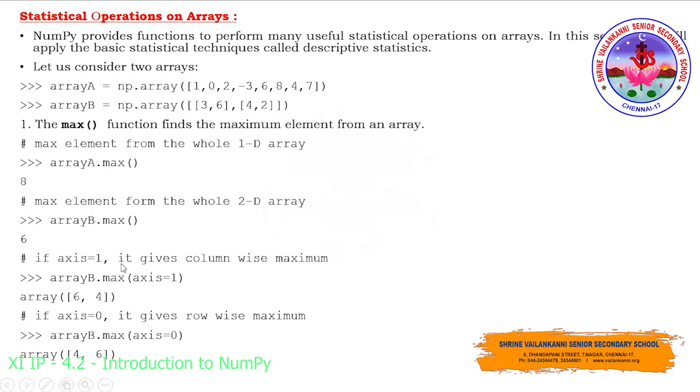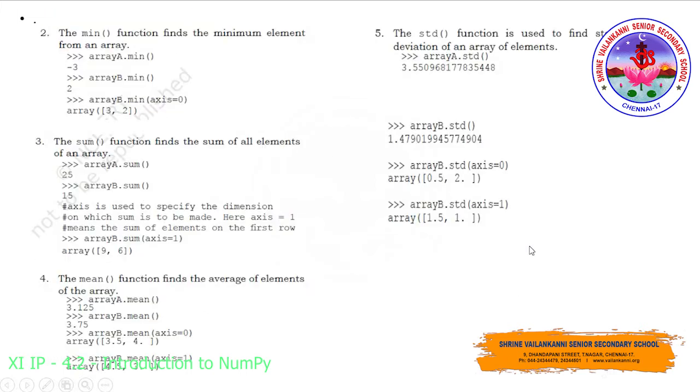So 6 and 4 will be retrieved according to the column-wise. From the second column and from the first column, 6 and 4 have been retrieved and displayed. And if axis is 0, it gives the row-wise maximum. Row-wise maximum means whichever is maximum in the row-wise, 6 is greater and 4 is greater. So 4 and 6 will be retrieved. So this is how the maximum function works.